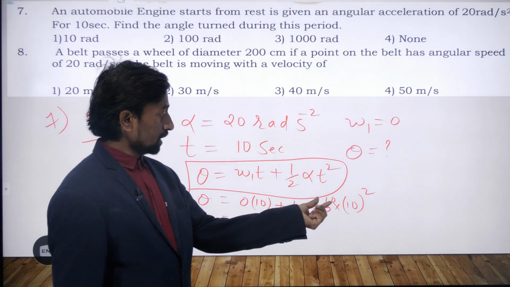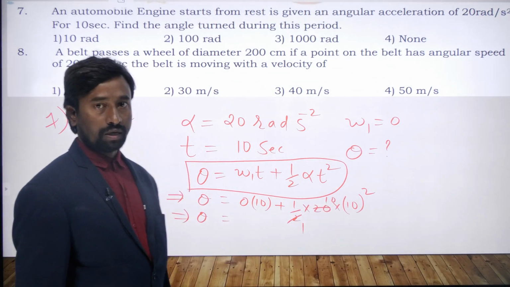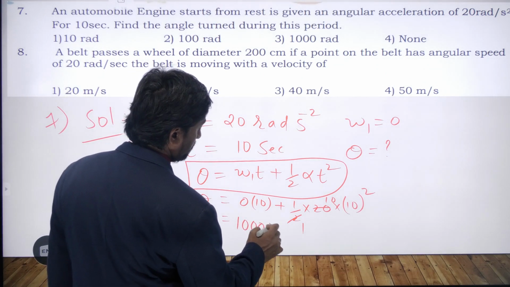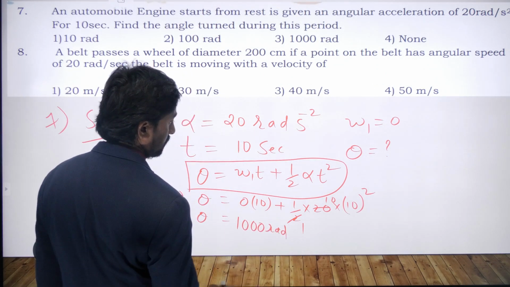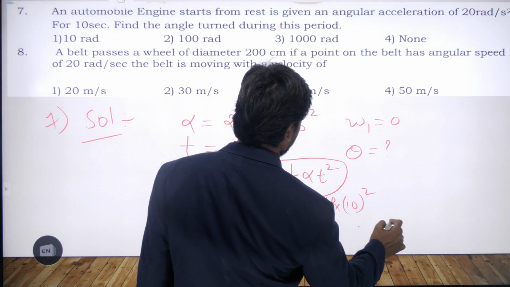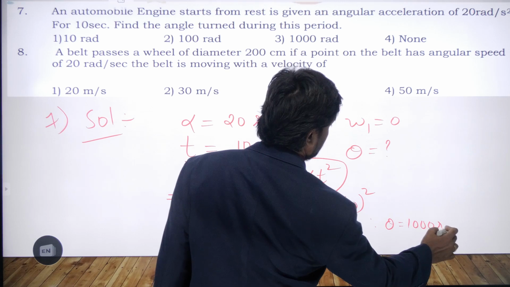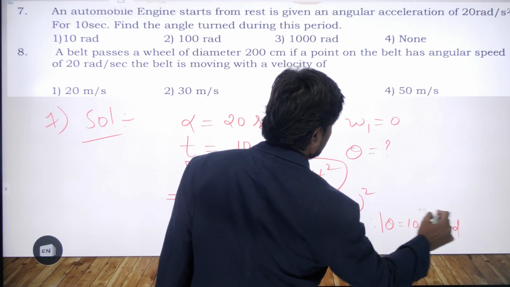Then the remaining is half into 20 into 10 square, 100, which will be 1000. So we get 1000 radians. Therefore the answer is theta is equal to 1000 radians. So this is the answer.